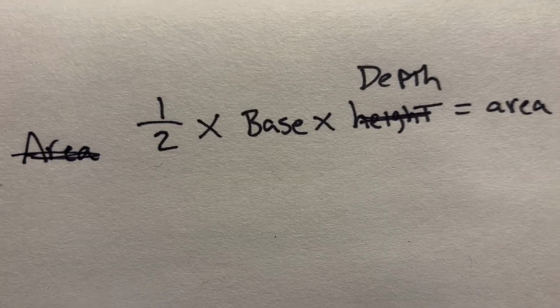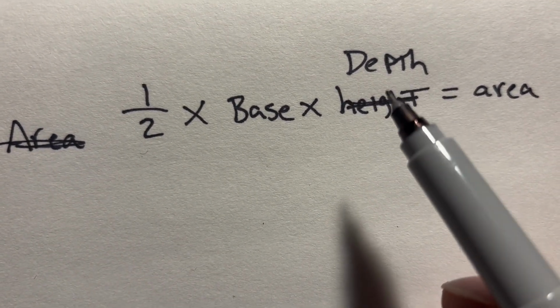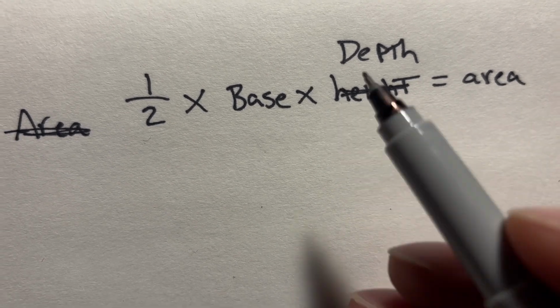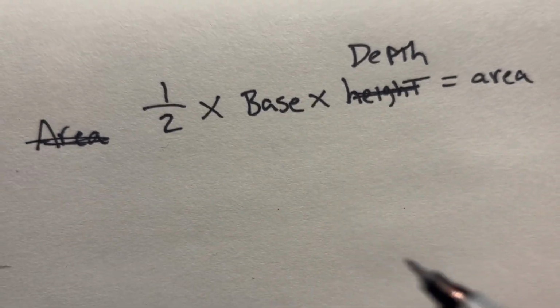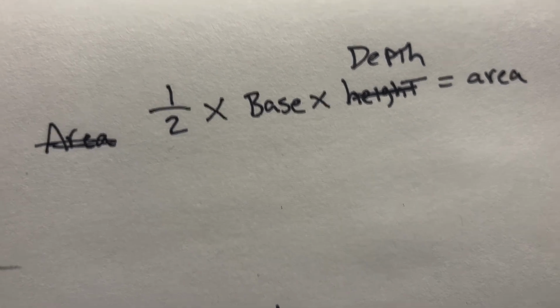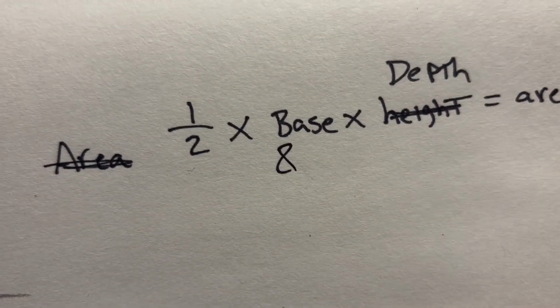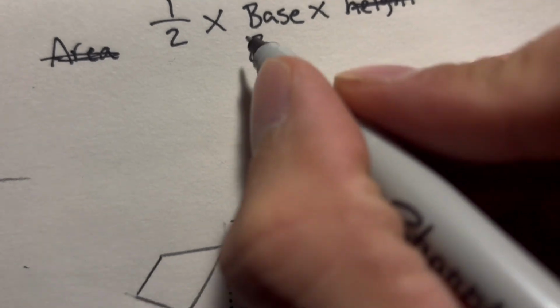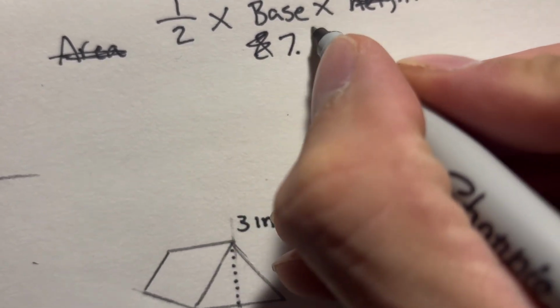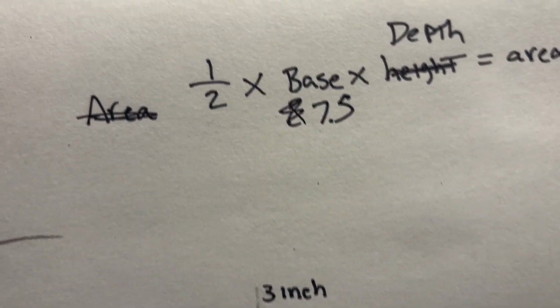My apologies, I wrote height instead of depth. I meant depth. So we got the base, which is... oh, I'm sorry, 7.5. I was looking at the square we did last time.